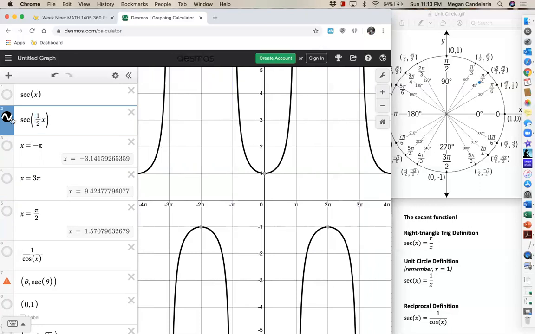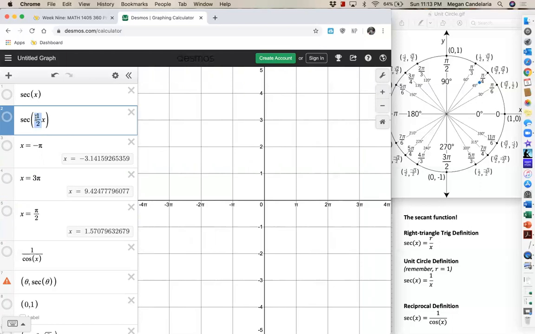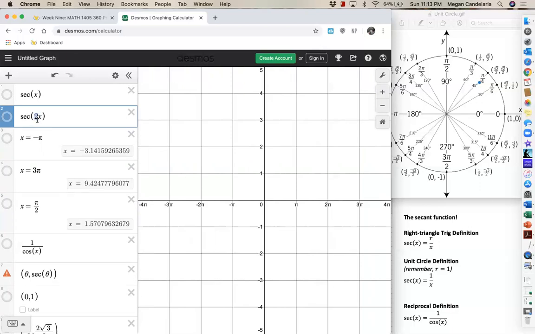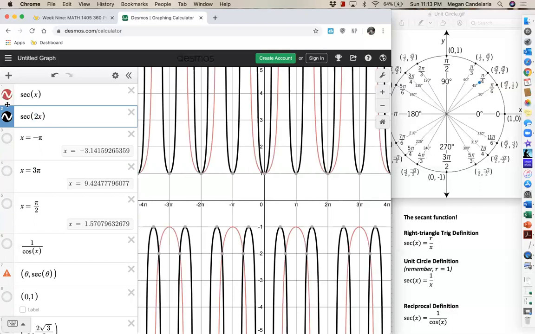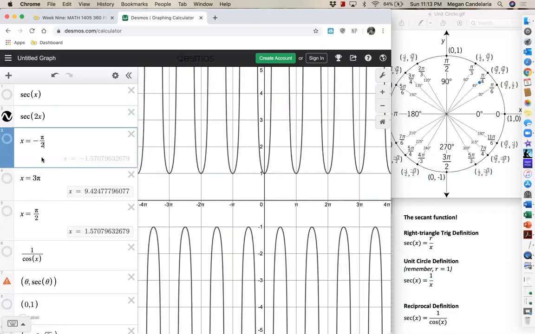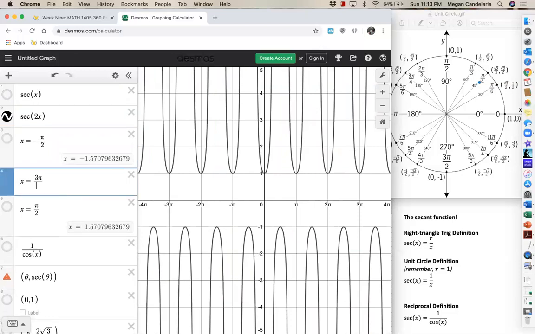All right, what's going to happen when instead of secant of 1/2 x, I do secant of 2x? Let's take a look. So there's our original, there's our new one. Notice that our new graph, we horizontally squished it together. So our original period was negative pi over 2 to 3 pi over 2.